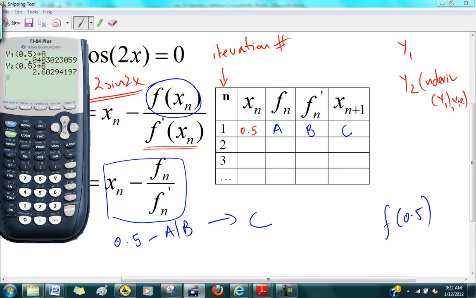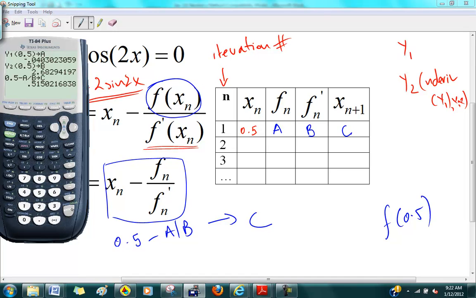You're going to go 0.5 minus vars, minus alpha A divided by alpha B, and then store that in C. Okay? All right? You guys got me so far?